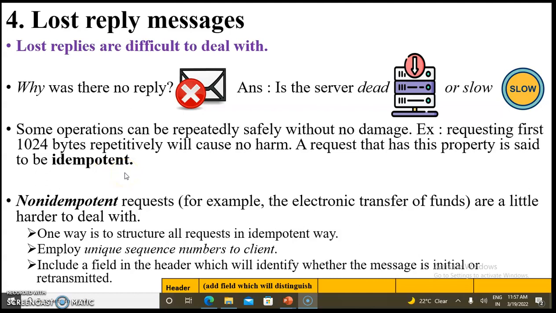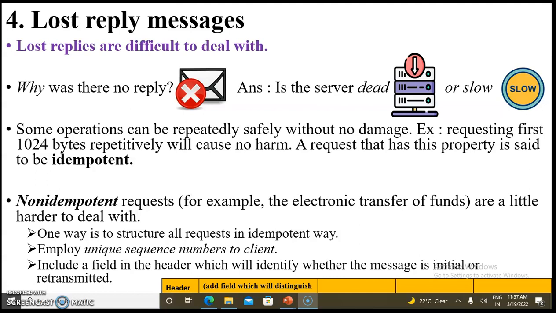But consider operations such as a bank transaction. Initially I sent a request to withdraw 1 lakh rupees, and that message got lost, so I retransmitted it. By that time the server had got the earlier message, and the retransmitted message arrived as well.